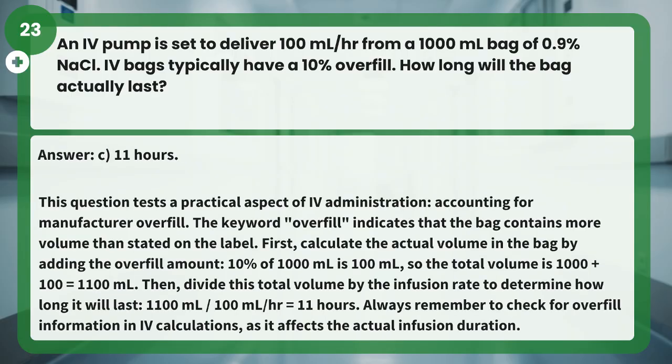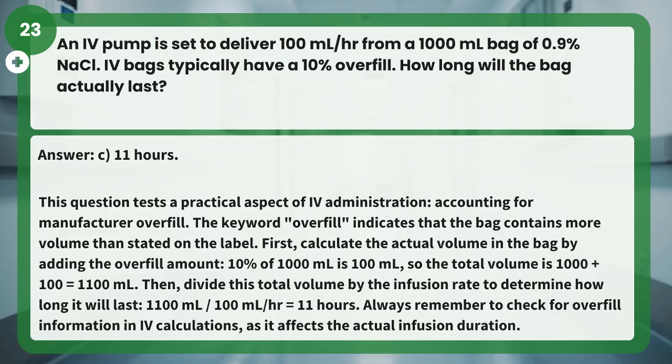Answer: C. 11 hours. This question tests a practical aspect of IV administration, accounting for manufacturer overfill. The keyword overfill indicates that the bag contains more volume than stated on the label. First, calculate the actual volume in the bag by adding the overfill amount. 10% of 1000 milliliters is 100 milliliters, so the total volume is 1000 plus 100 equals 1100 ml.